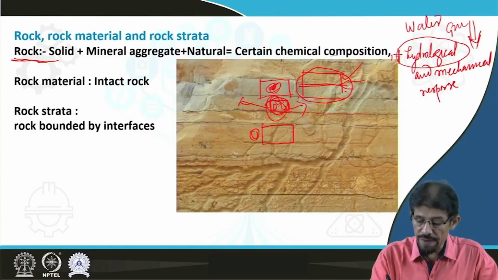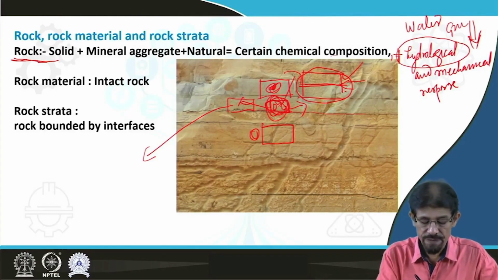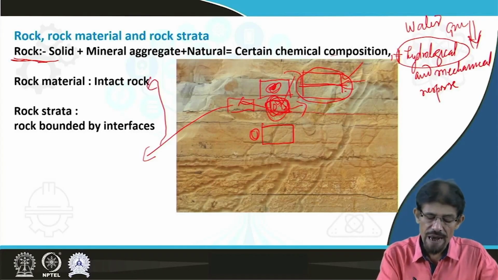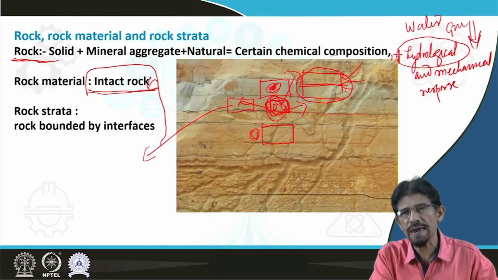This rock may be strong in nature, may be weak in nature. When we are going to utilize this rock for our societal benefit or for practical work, then we can say that this type of intact rock is defined under certain parameters like strength, color, hardness, luster, varieties of property.